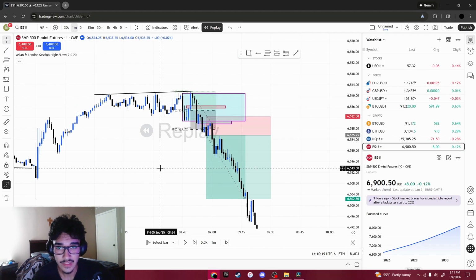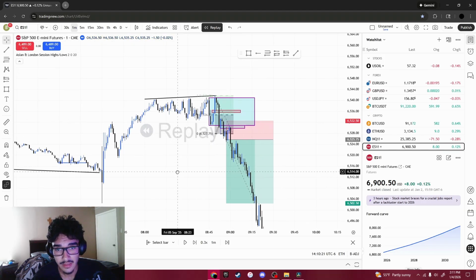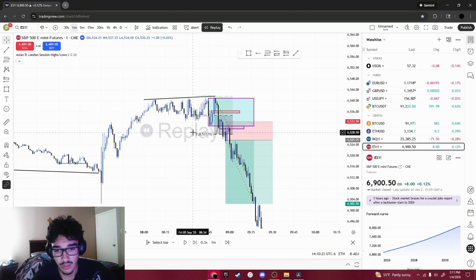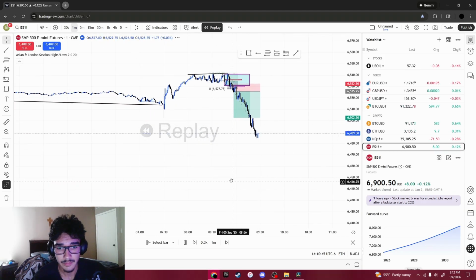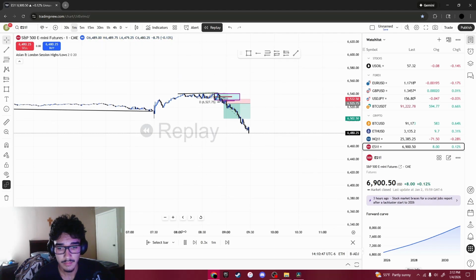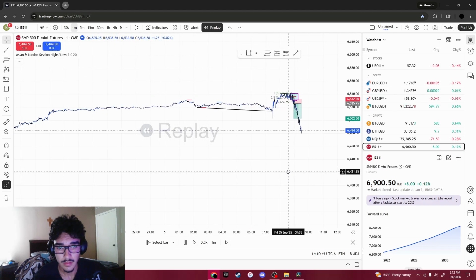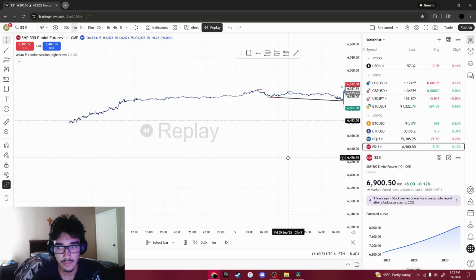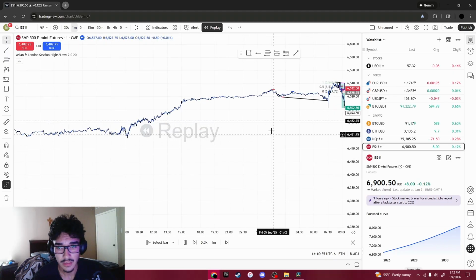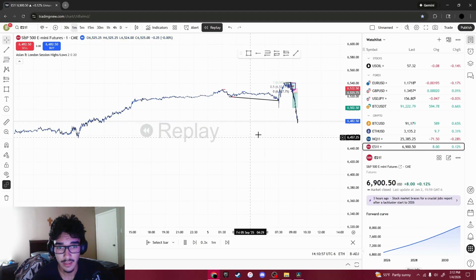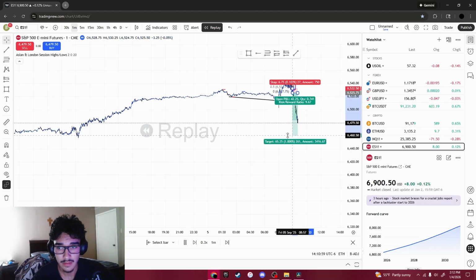Two winning trades just by being a little patient with the market. All these low resistance liquidity, all of this is low resistance.